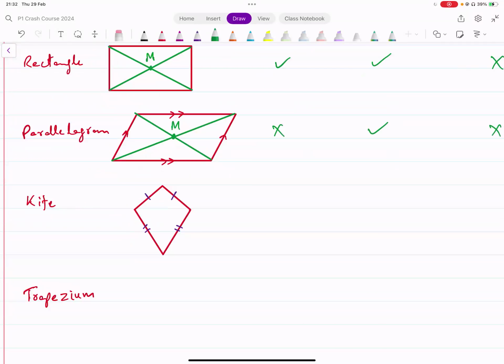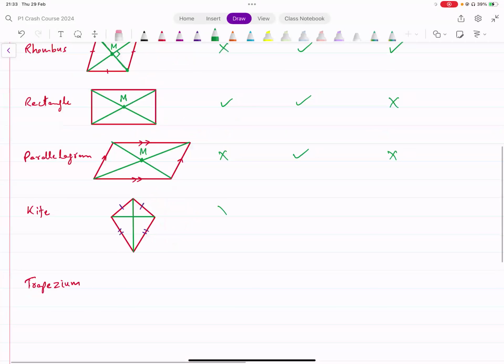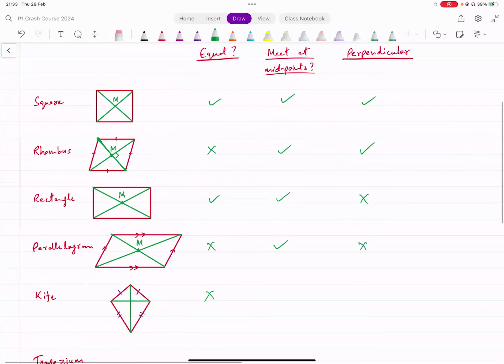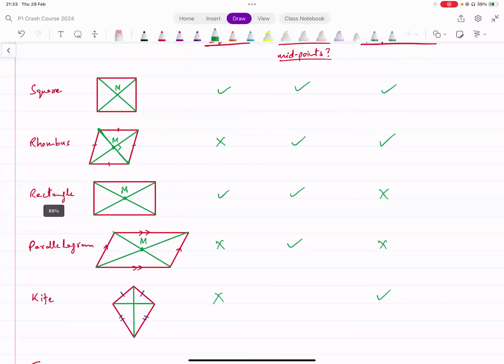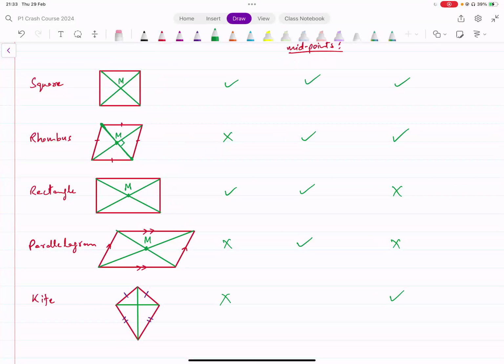How are the diagonals going to be in this case? One is going to be here and the other is going to be here. Now they're clearly not equal. However, a kite as well always has perpendicular diagonals. The diagonals are always going to make 90 degrees. What about the diagonals meeting at the midpoint?